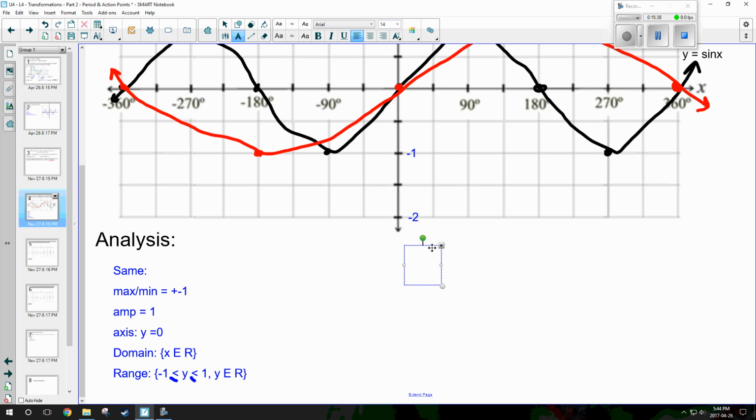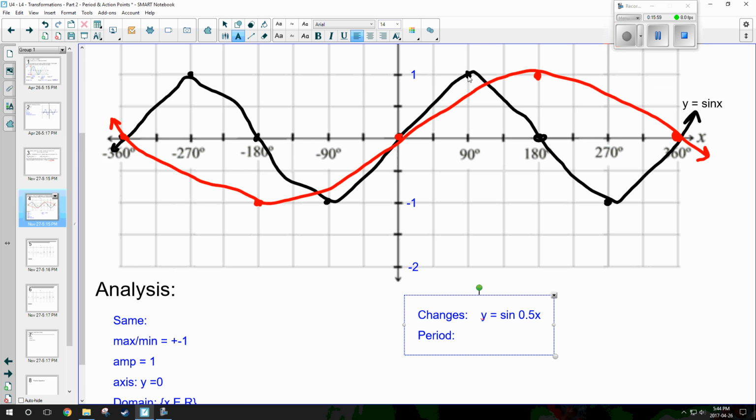Let's take a look at what changes we have. Remember, our changes come about because we were graphing y equals and comparing y equals sine of 1/2 x, which is 0.5x. So the changes that have occurred is you should notice the period is now different. Remember, our period for our regular sine x graph, one full set or one full cycle goes from 0 to 360.